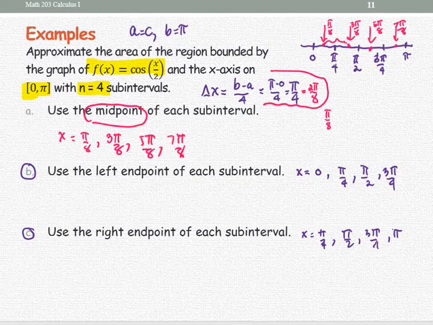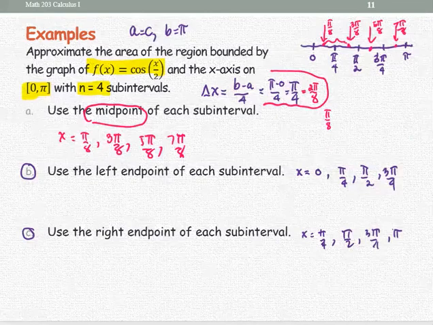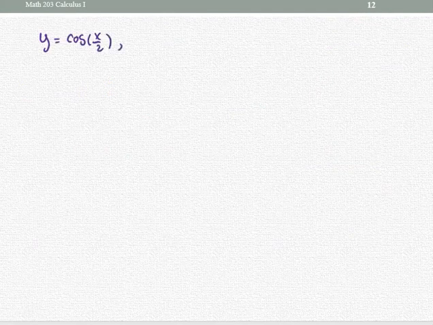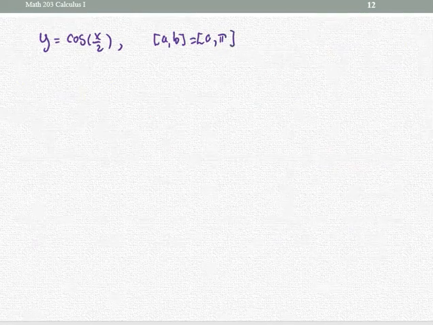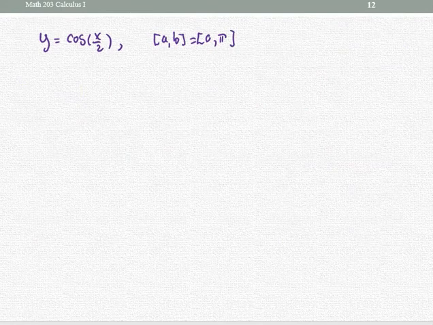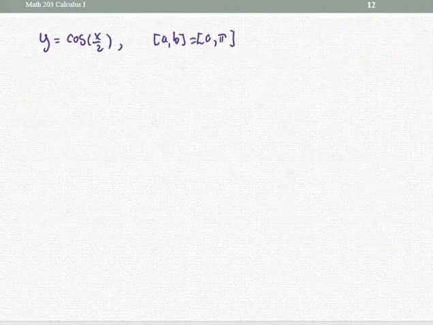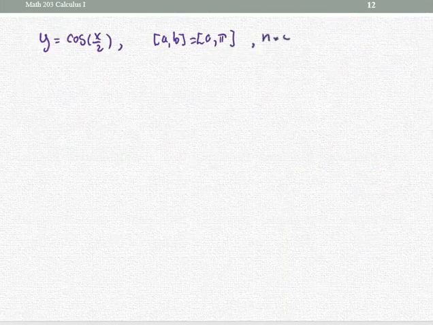Okay, now I'm going to work on one case at a time. We go to another slide. The function is y equals cosine of x over 2. Just make a list. The interval [a, b] is the interval from 0 to pi, and n equals 4.